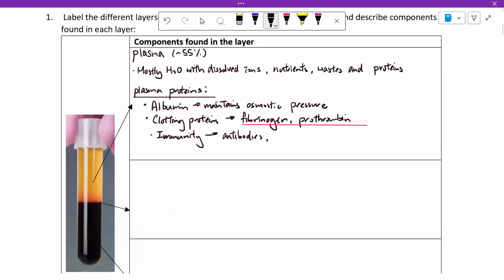Does anybody know any other proteins that we've learned later on, like in lecture 3, that are related to immunity and are in your blood? Complement proteins. Mm-hmm. The complement proteins, that's right.